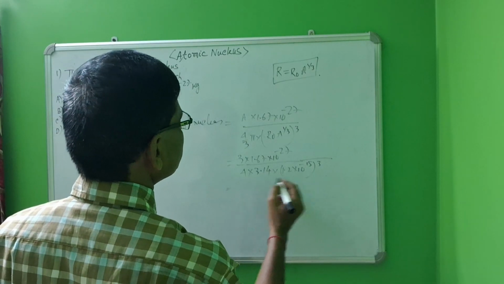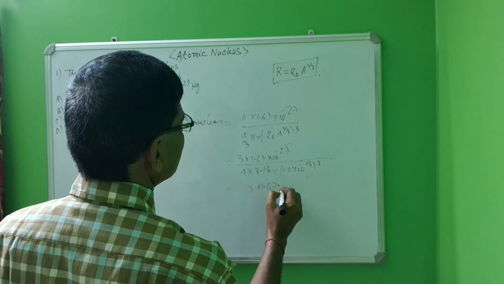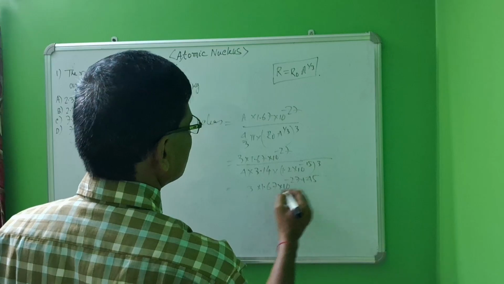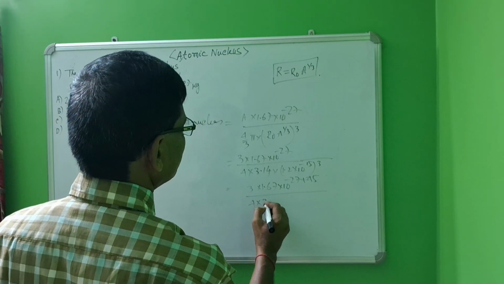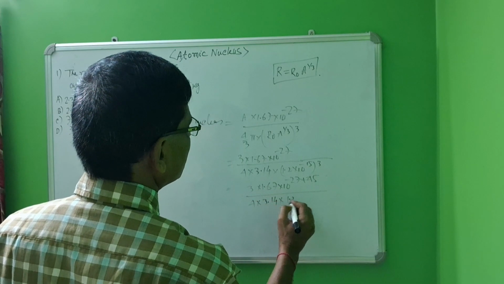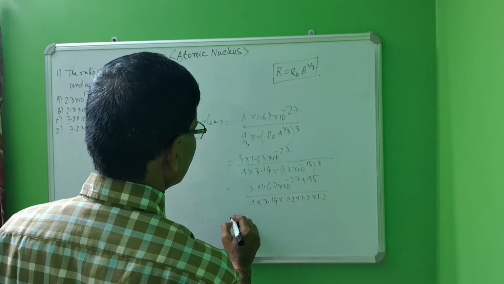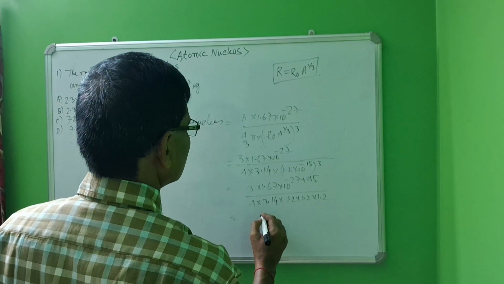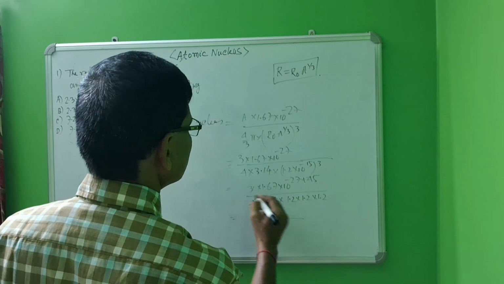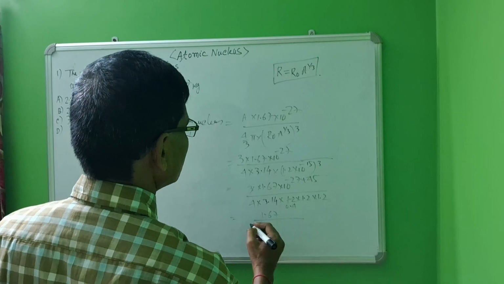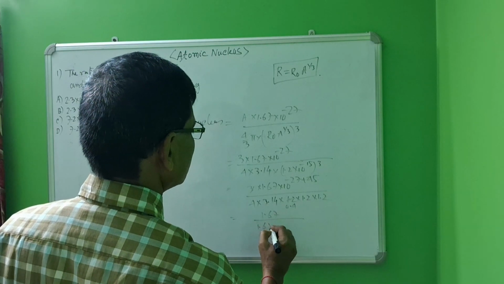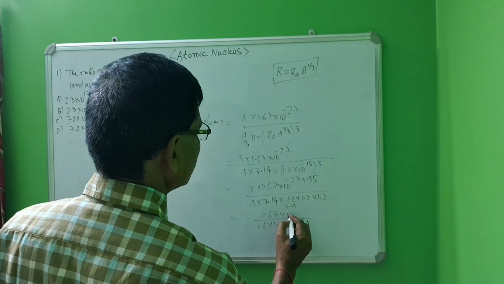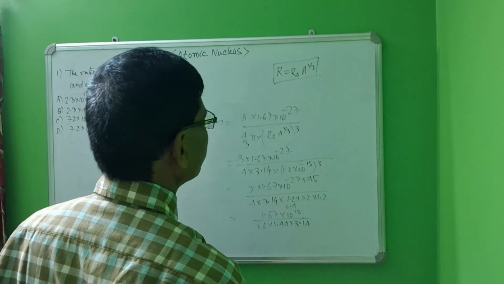So this is 3 into 1.67 into 10 to the power minus 27 plus 45, divided by 4 into 3.14 into 1.2 into 1.2 into 1.2. That equals 1.67 divided by 3 4 12, 0.4 4 16, this into 1.44 into 3.14 into 10 to the power 18.